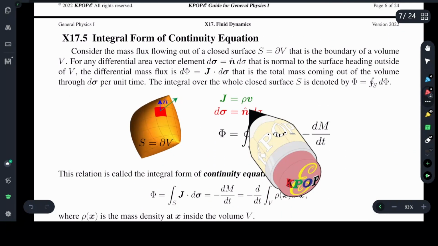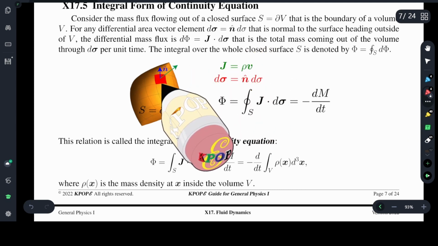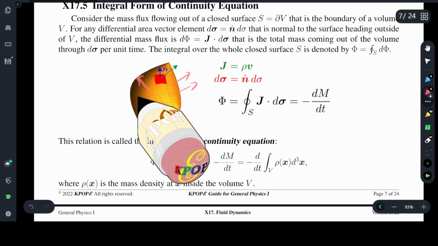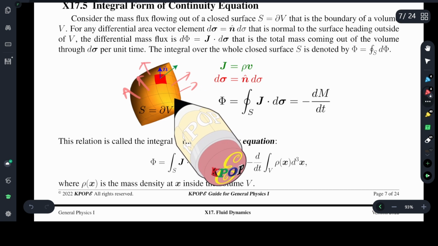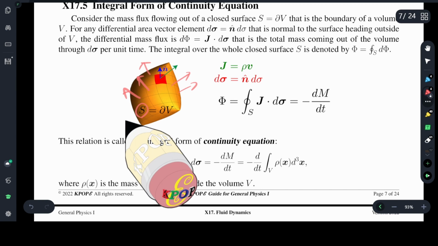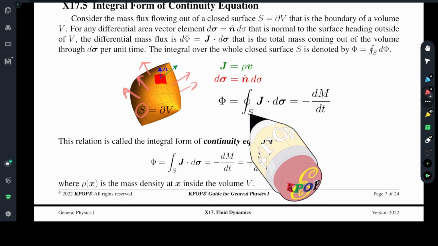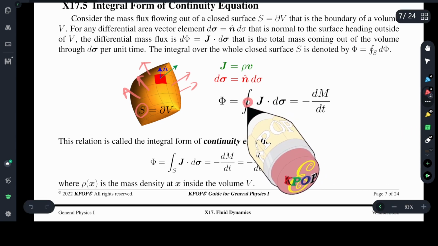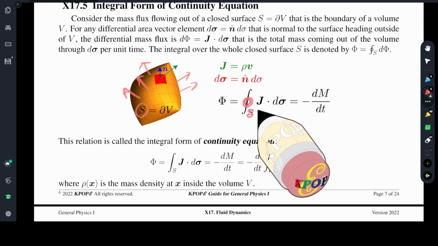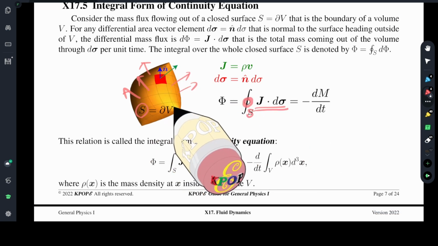Next, we consider the integral form of the continuity equation. We consider a flow of mass coming out of this volume, and surrounding this volume, the boundary surface is S. So for the flux passing through this closed surface, this circle means closed surface, we integrate this differential flux over the whole surface.